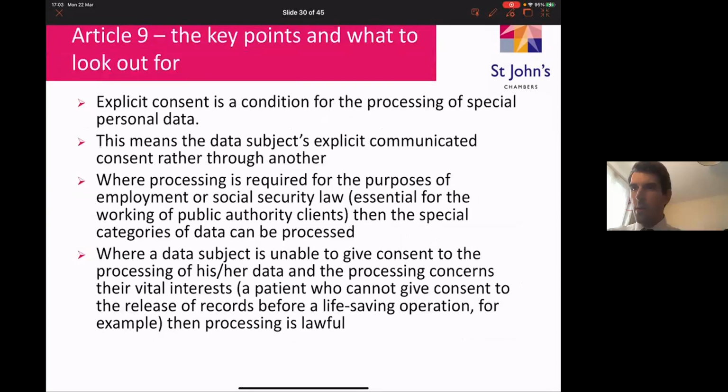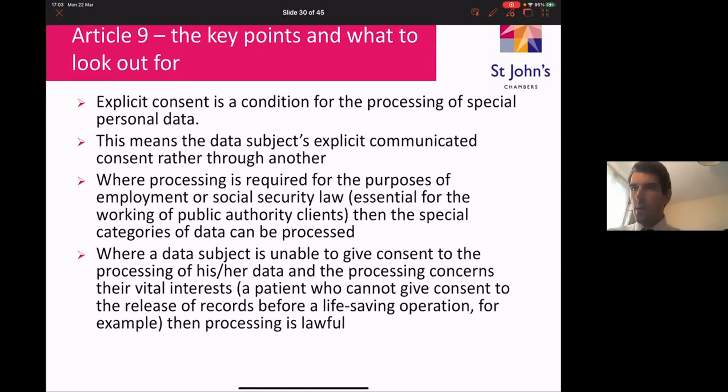So as I said, the conditions and the key points about them, what to look out for. Explicit consent is a condition for the processing of special personal data. It, though, in contrast with the definition of consent given under Article 6, explicit consent, it seems to me, means exactly that. So it's a more robust kind of consent.